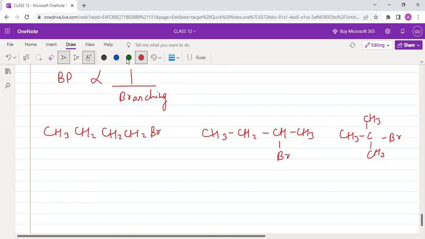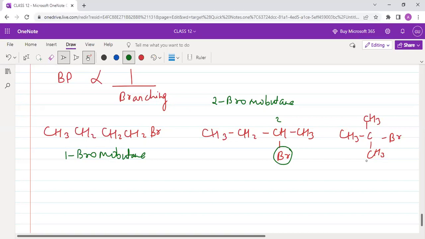The first one is 1-bromobutane. For the second one, you can see that bromine is present on the second position, so it will be called 2-bromobutane. And the first is 1-bromobutane, or simply bromobutane.